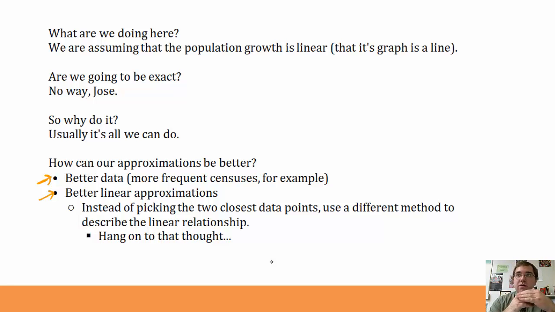Or maybe I just want to go from 1940 to 1970. Or, what if there's a different way that I can model that linear relationship? Hang on to that thought until we get towards the end of the semester, and we will do some linear regression to come up with that.